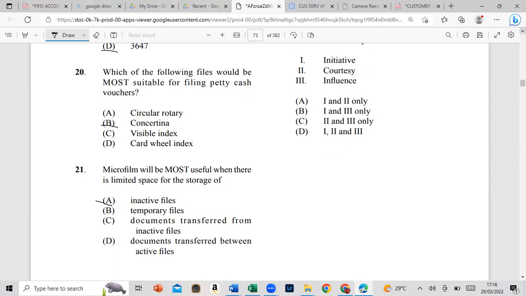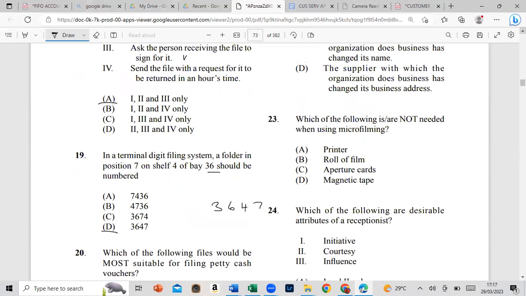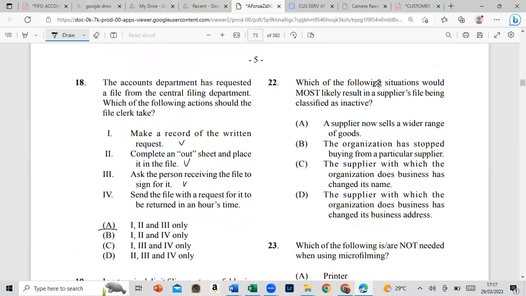Alright, let's move on to 22. Which of the following situations would most likely result in a supplier's file being classified as inactive? A. A supplier now sells a wide range of goods. B. The organization has stopped buying from a particular supplier.